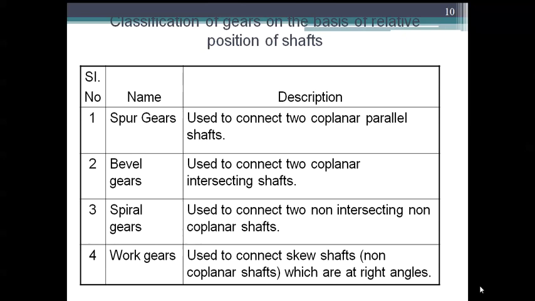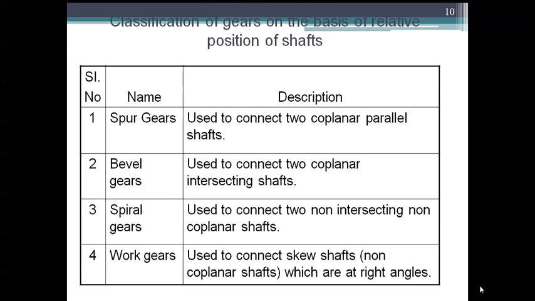The shaft axes are not intersecting and are not in the same plane. Those types of gears we call spiral gears.